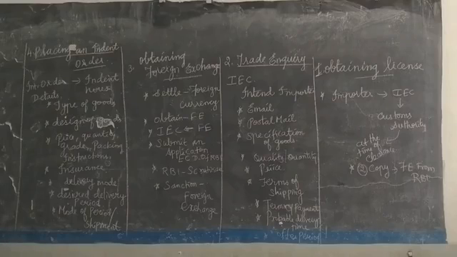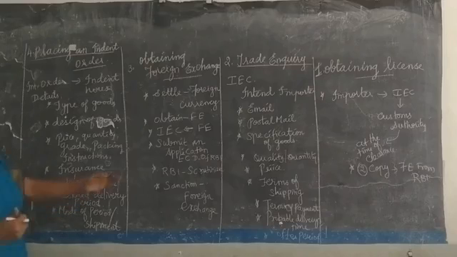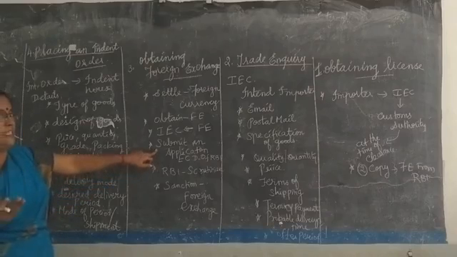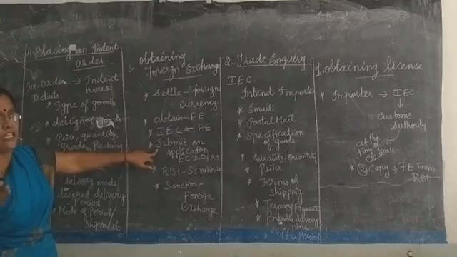The importer has to provide the IEC code in the form supplied by the authority. The import export code is already there; the importer has received the IEC code.